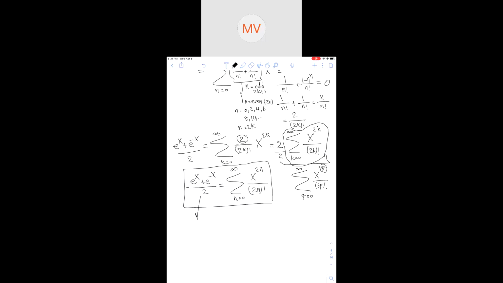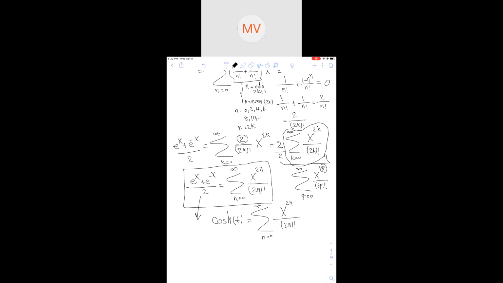Now, we have a name for that. Does anyone know what it's called? So we proved that cosine hyperbolic of x has the power series of x to the 2n over 2n factorial, n from 0 to infinity.